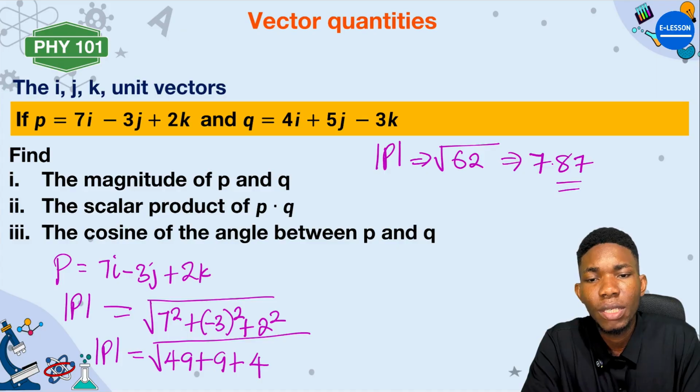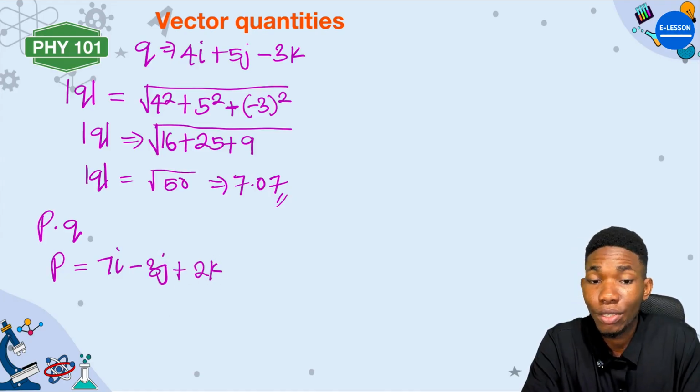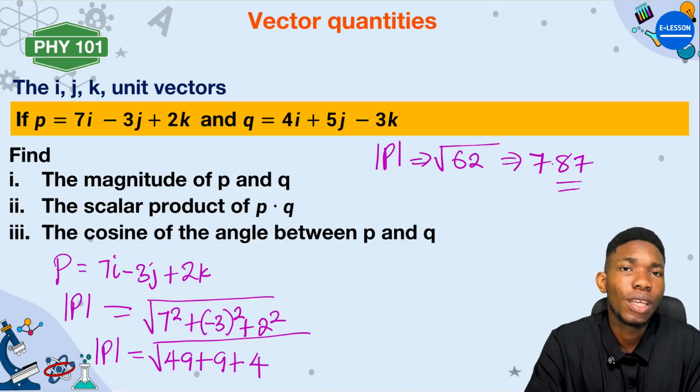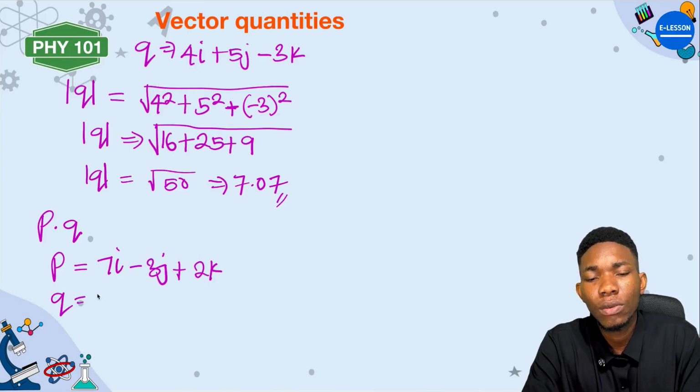P is 7i minus 3j plus 2k. And Q is 4i plus 5j minus 3k.